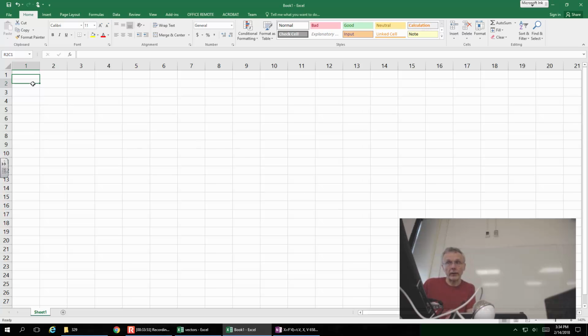There will be a column for t's, and these two columns will be devoted to x and y, the output. So this is the input, and these two are outputs, or you can think of it as one vector output.